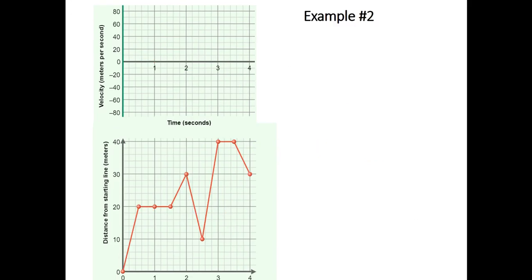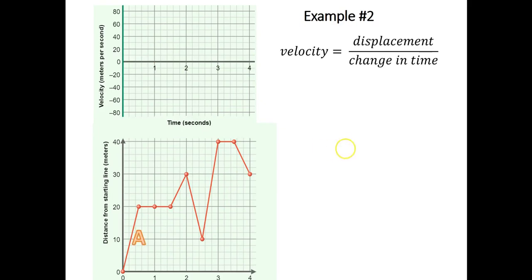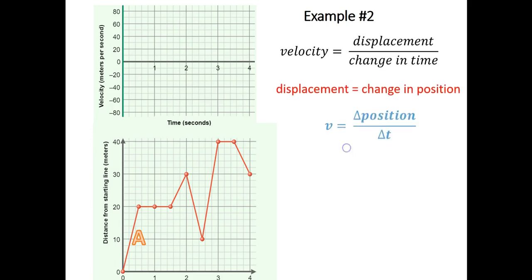Now let's look at our second example. I'm going to go a little bit faster this time. Remember again that velocity is displacement divided by change in time, or a change in position divided by a change in time.